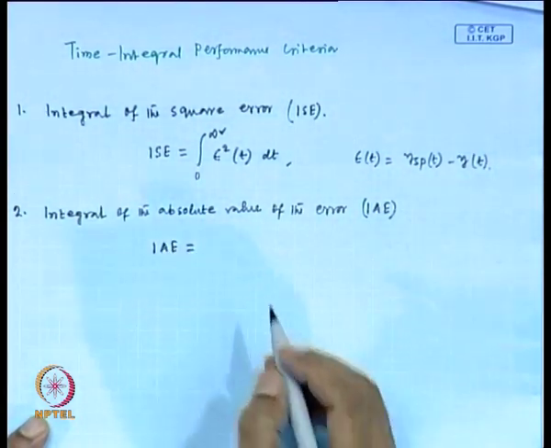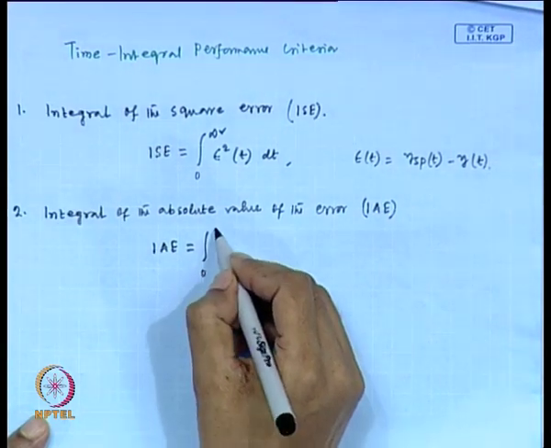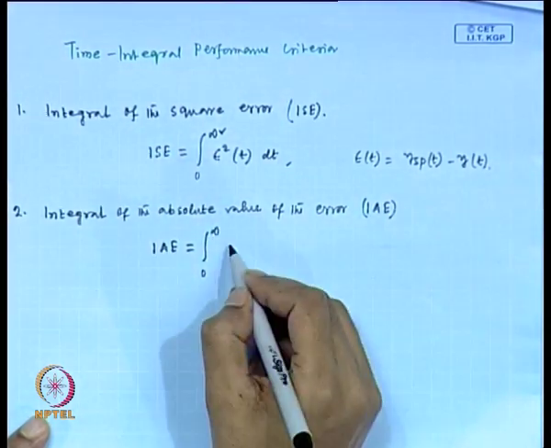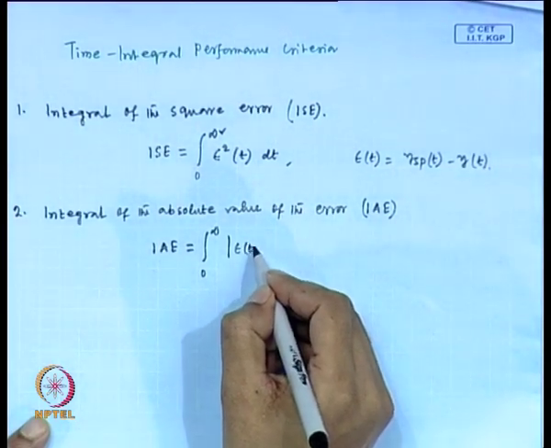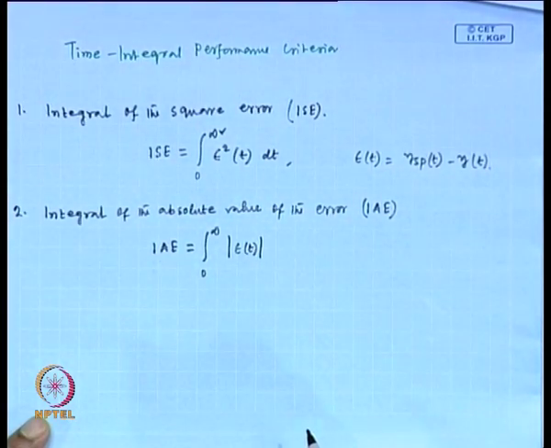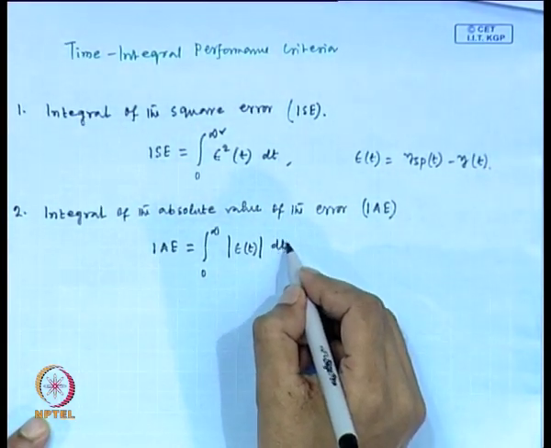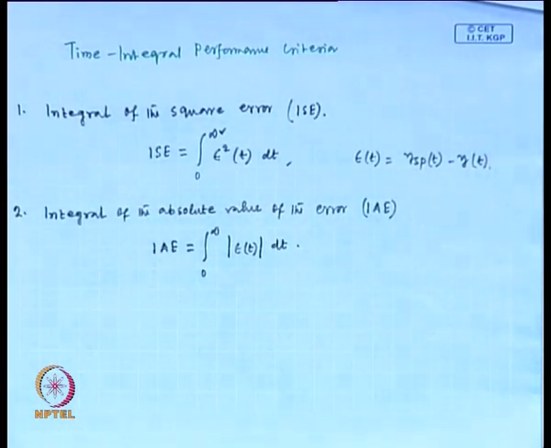IAE is equal to integral from 0 to infinity of absolute value of epsilon t dt. This is the expression for IAE.